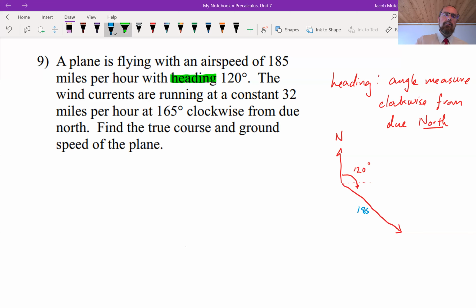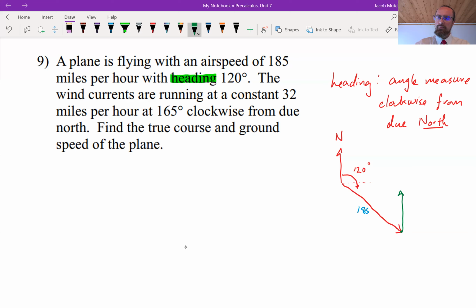Now we've got to take into account the wind. The second sentence tells us the wind currents are running at a constant 32 miles per hour. So there's my magnitude for that vector at 165 degrees clockwise from due north. Once I get to the end of this vector, I'm acting like I'm adding them together. So I'm going to start from this right end of my original vector for the plane's travel.